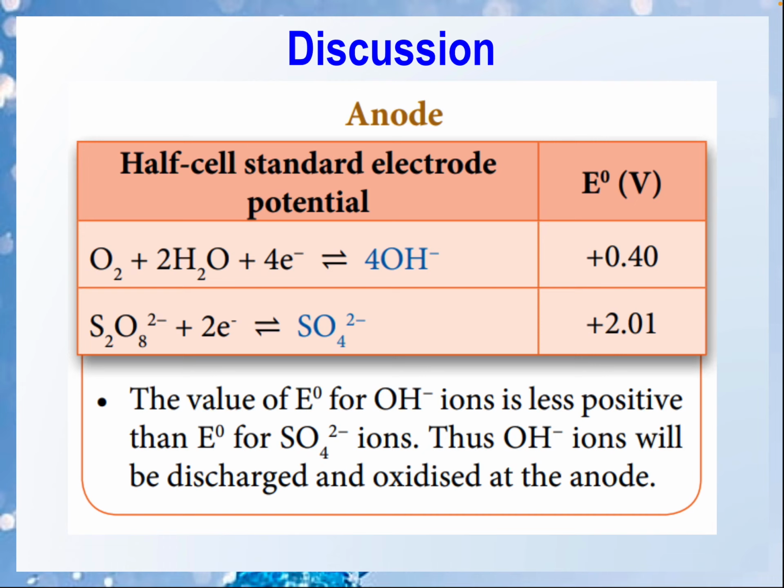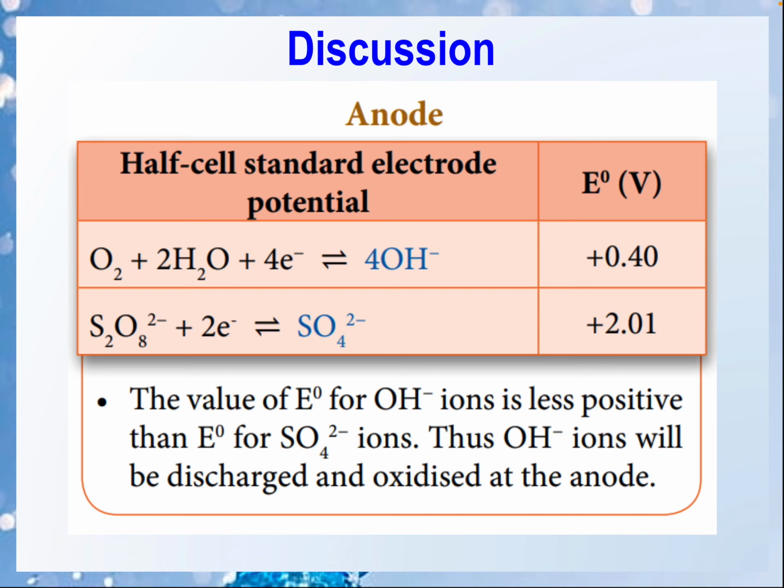Ada dekat dalam muka surat 24 tu. Okay, bawah sekali. Kedua terbawah. Positif 2.01. So, kita tahu dekat anode akan release elektron.